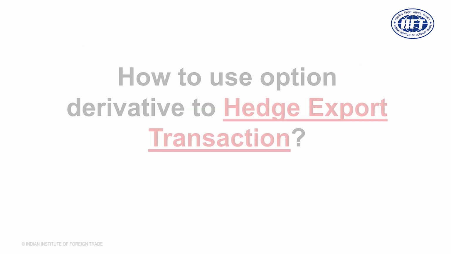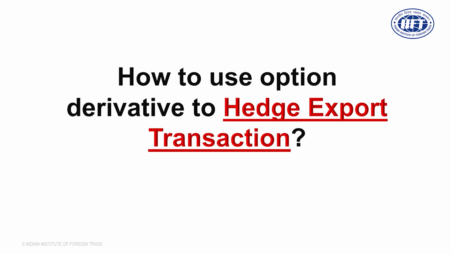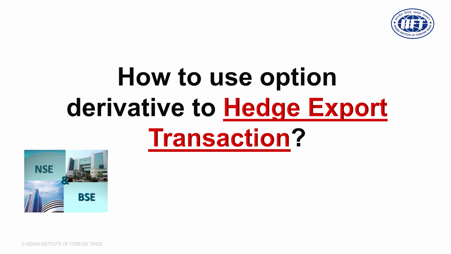Now, friends, options are also available with the bank as well as with the exchange houses. Two types of options are there. One is called put option, other is called call option. For an exporter, put option is the best. Go to the bank or open an account with the exchange house, NSE, BSE through a broker.